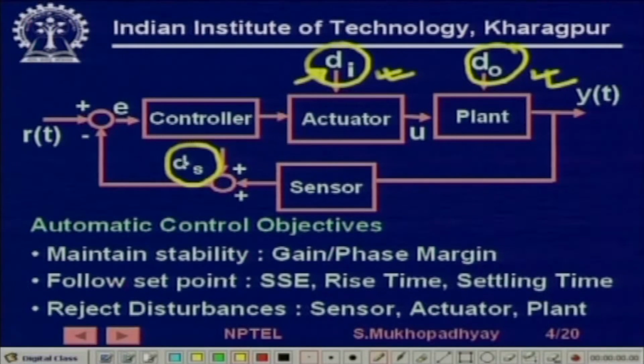Similarly, anything we want to sense, we are going to have various kinds of measurement noise, bias, right. So, electromagnetic noise, electrostatic noise. They are the feedback disturbances.